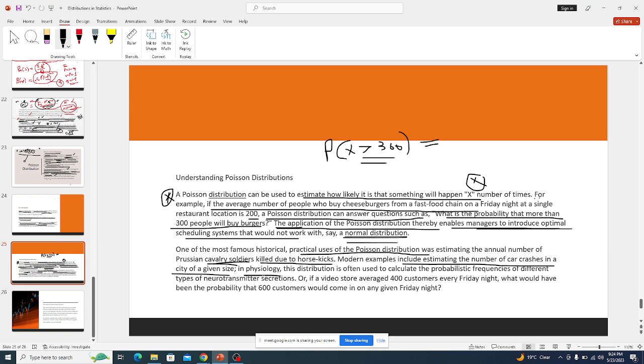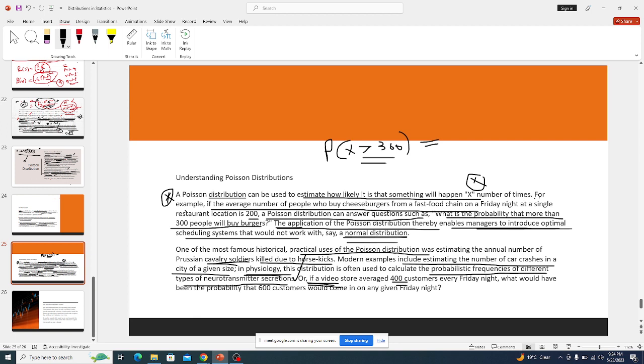In psychology, the distribution can be used to calculate the probabilistic frequencies of different types of neurotransmitter secretion. And also maybe in a video store. If a video store averaged 400 customers every Friday night, what would be the probability that we get more than 600 customers come in on any given Friday night?